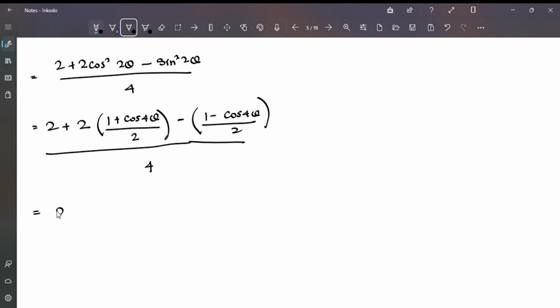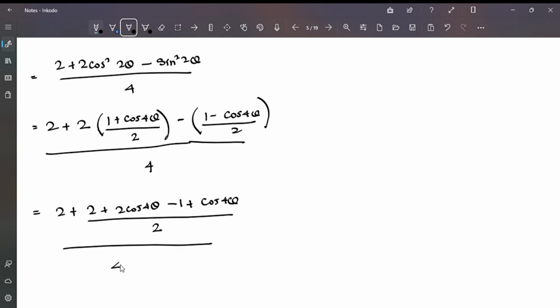You can cut this and this if you want, but I am not going to do that. 2 plus 2 plus 2 cos 4 theta minus 1 minus minus is plus cos 4 theta, everything divided by 2. All of them divided by 4.